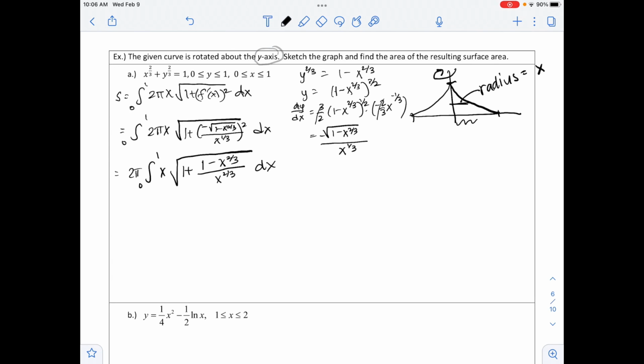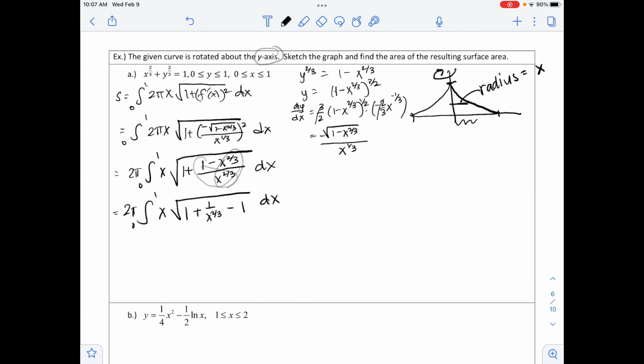Then you can separate this and look at each of these terms over the denominator. So we have 2 pi times the integral from 0 to 1 of x, square root of 1 plus, and so we're going to end up with 1 over x to the 2/3 minus 1 dx.